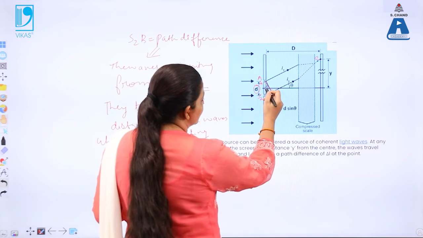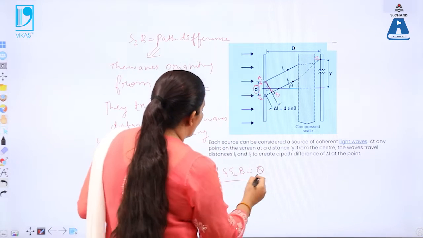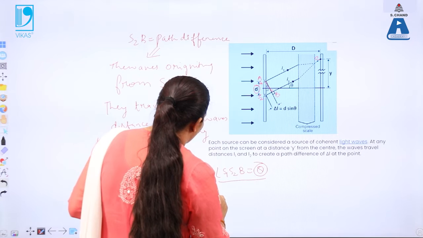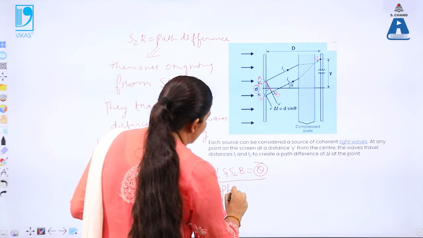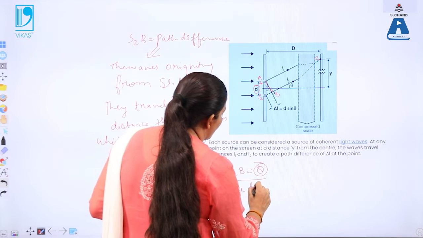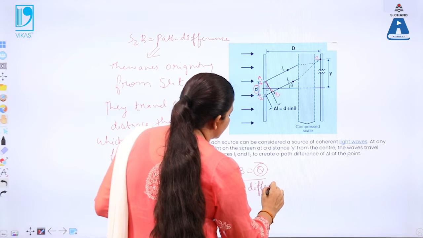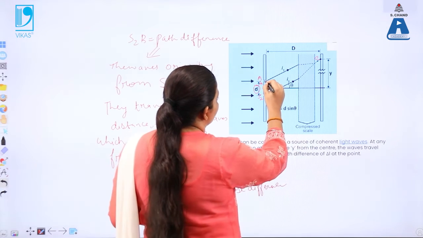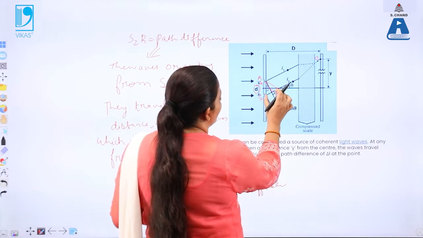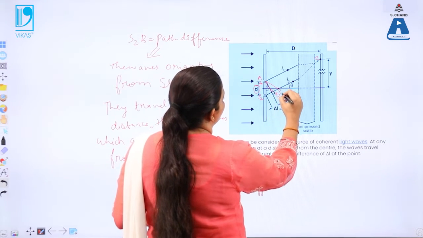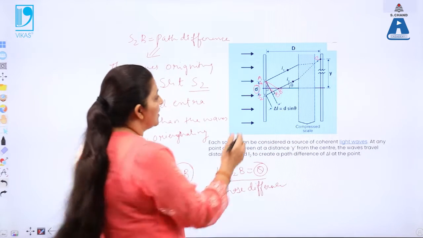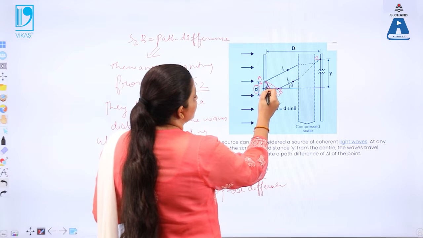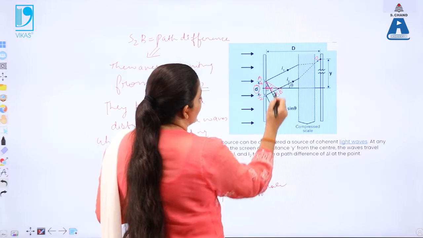So as soon as theta goes on changing, theta here is describing the phase difference, which is related to path difference. If the path difference is more between the two rays, when you shift this B to B dash point, then this theta will change. If this is theta, then that will be theta dash over here.